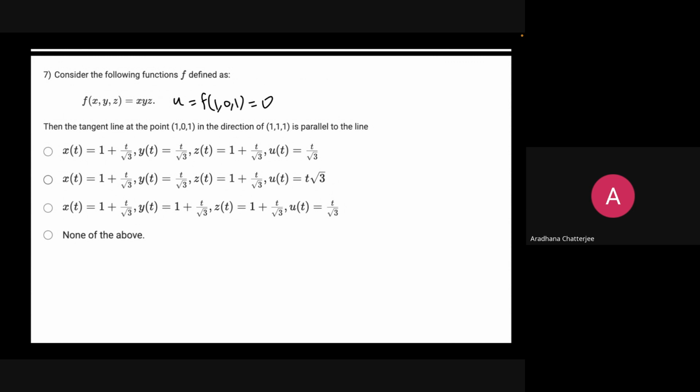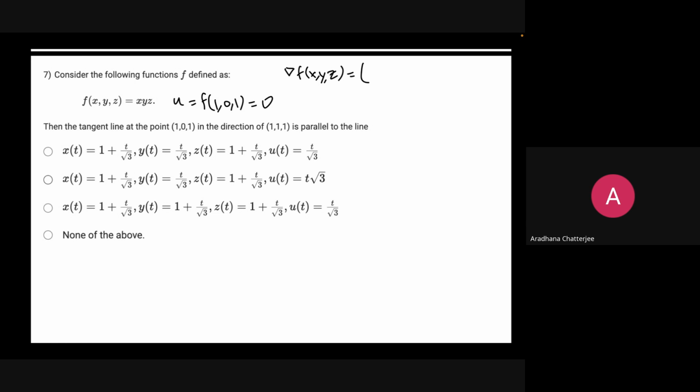What else do we need to find in this case? We need to find the gradient, obviously. So let's get the gradient of this function. It's a vector with three elements. What is the first element?